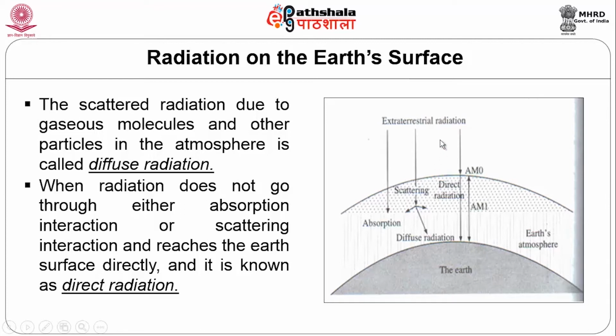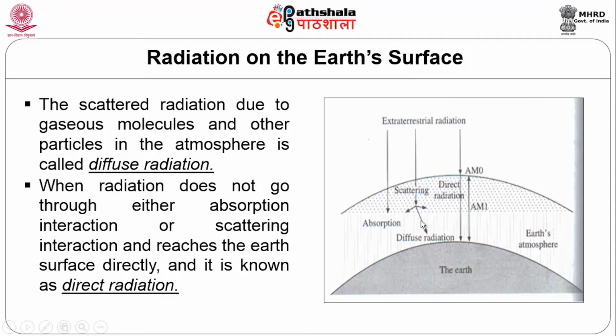Above that is called extraterrestrial radiation, and the area from the earth to the atmosphere level is called terrestrial radiation. In the extraterrestrial radiation, since it is above the atmosphere and full of vacuum, the solar constant is the same throughout the year over the entire globe.